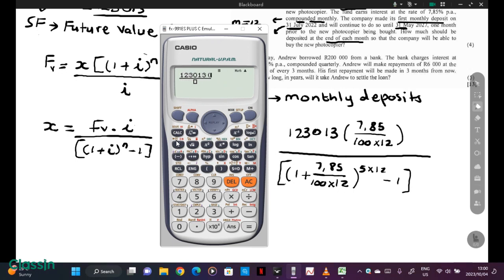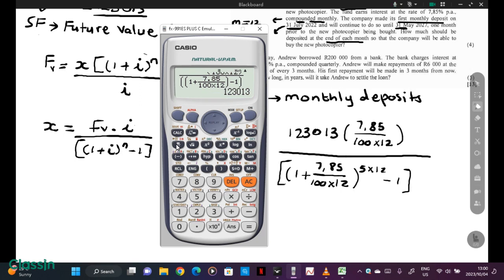We will say 123,013, open bracket, 7.85 divided by 100 multiplied by 12, close bracket. Now the bottom side is 2 brackets, 1 plus 7.85 over 100 multiplied by 12, close bracket, minus 1, close bracket.